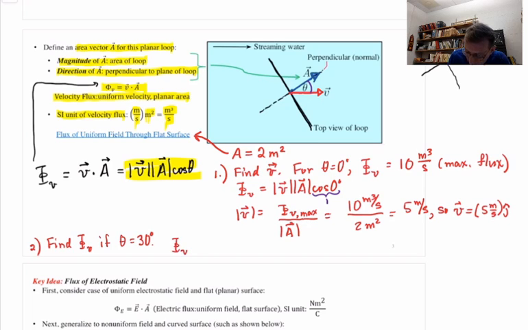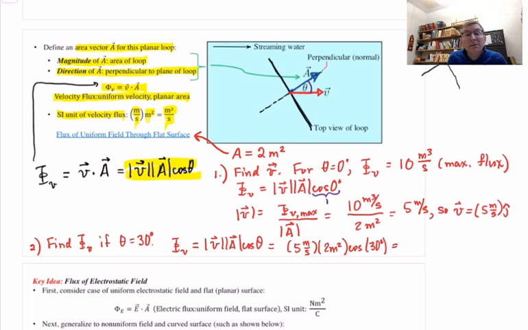Okay, so I hope you tried. Phi sub V equals, from the dot product, magnitude V, magnitude A, cosine theta. Just plug in all those numbers. The magnitude of V we just found, that doesn't change, 5 meters per second. The area, 2 square meters. And then I'm taking the cosine of 30 degrees.